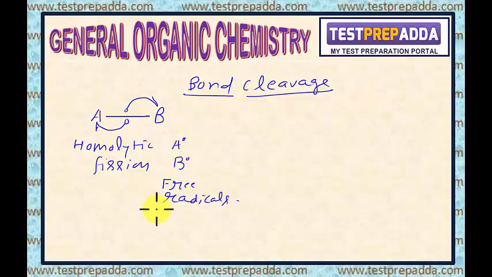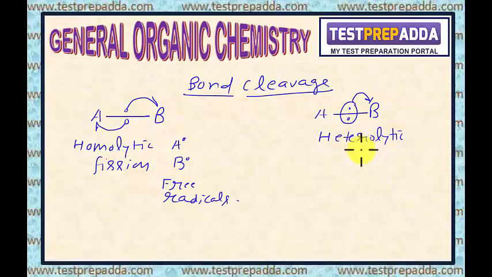Free radicals. And if the bond cleavage or bond breaking takes place in such a manner that both the shared electrons are given to one of the constituent atoms, this bond breaking is known as heterolytic cleavage or heterolytic fission.